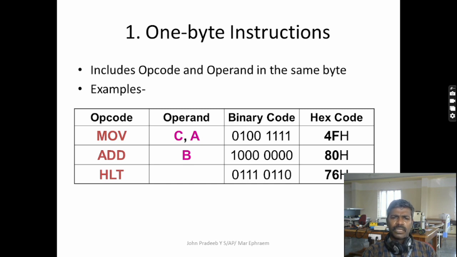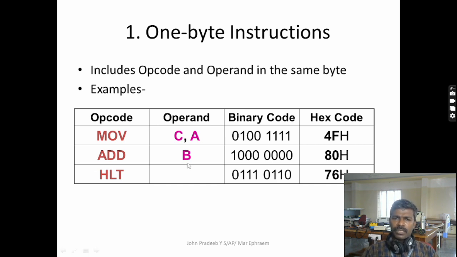For example, MOV C, A. It is represented with a binary code of 8 bits, and this 8 bits is converted into hexadecimal code, that is 4F hexadecimal code. Similarly another example, ADD B, HALT. All these instructions are named 1 byte instructions.